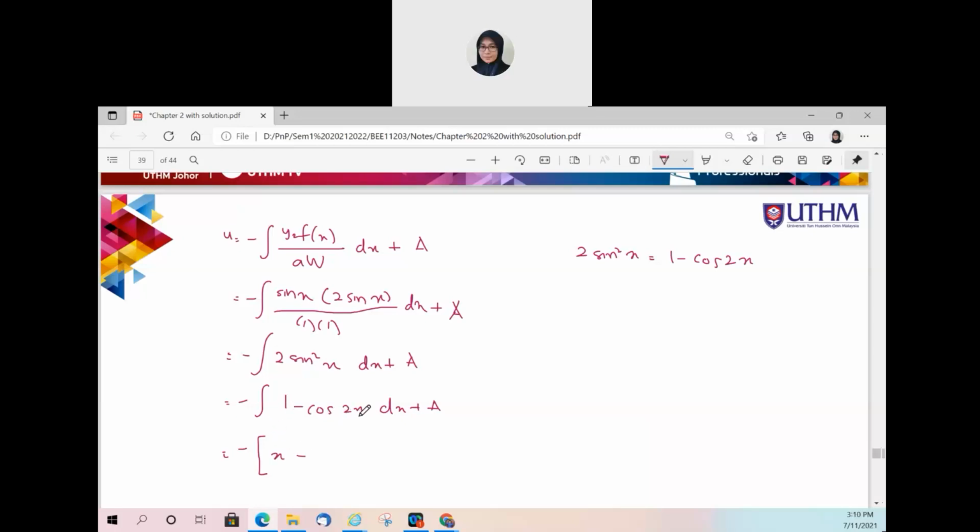You integrate cos 2x, you will get sin 2x over 2.